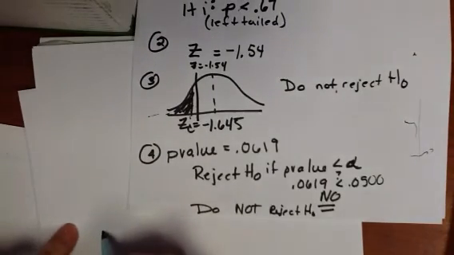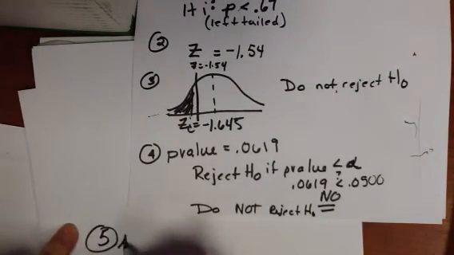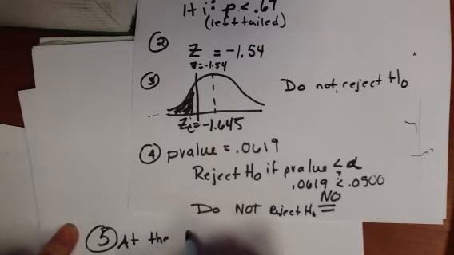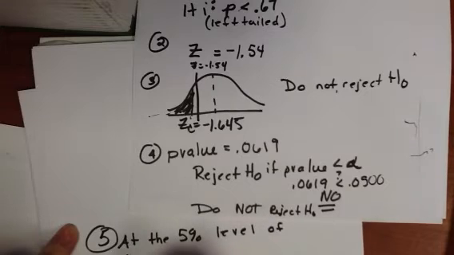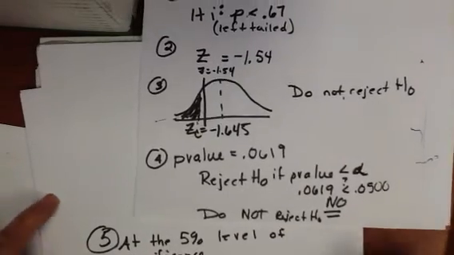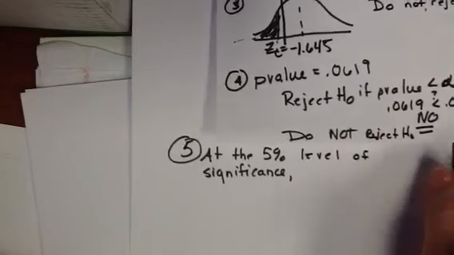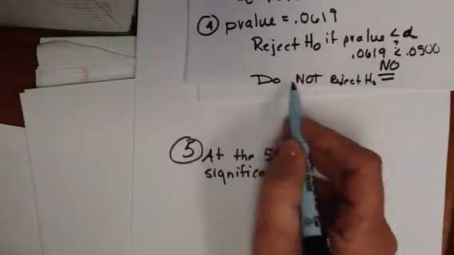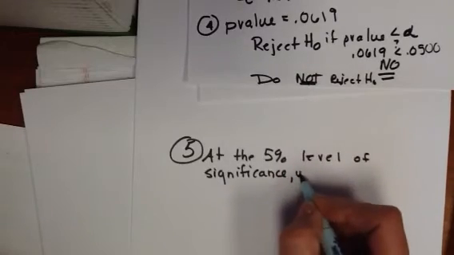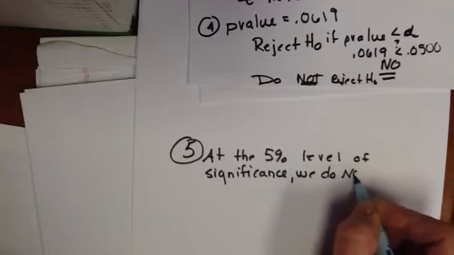So when we do our interpretation on step 5, at the 5% level of significance, remember we say we do or do not have enough statistical evidence. Because we said do not reject, this means we do not.